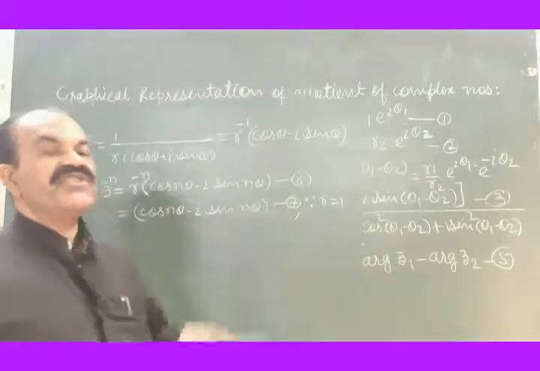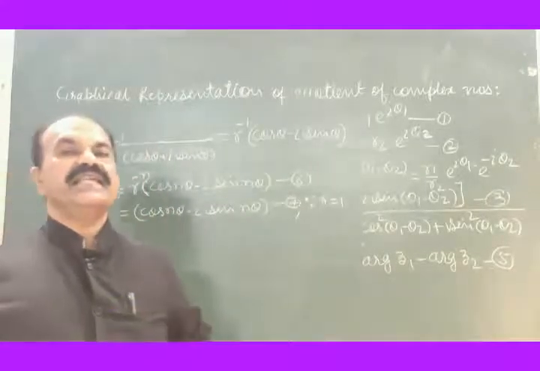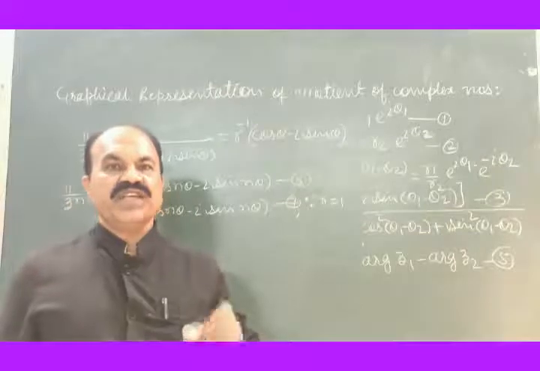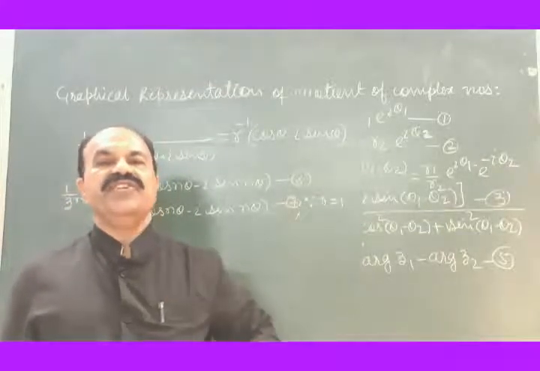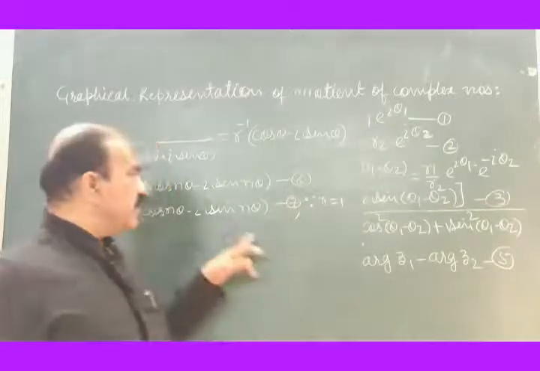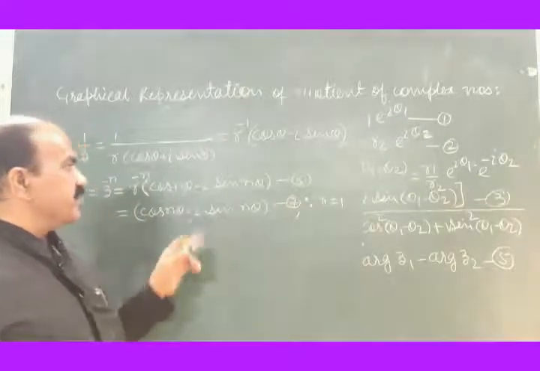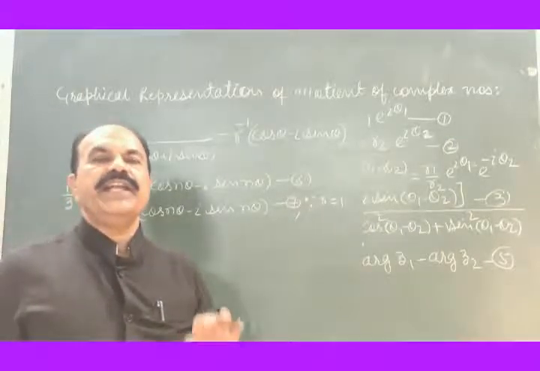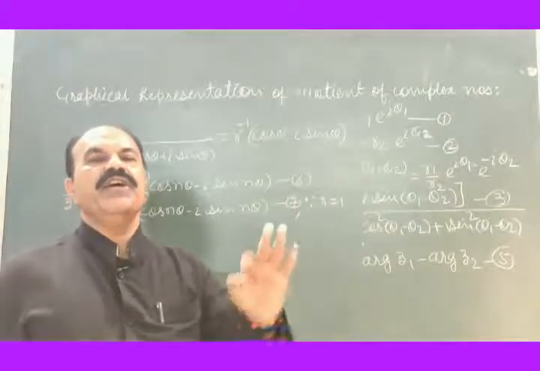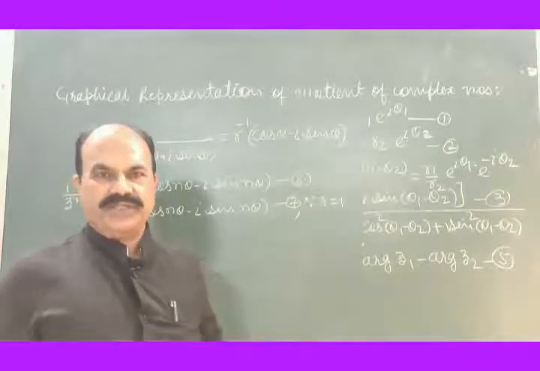So from equations 6 and 7, it is clear that de Moivre's theorem is valid for any negative integer exponent. De Moivre's theorem is valid for any negative integer power or exponent.